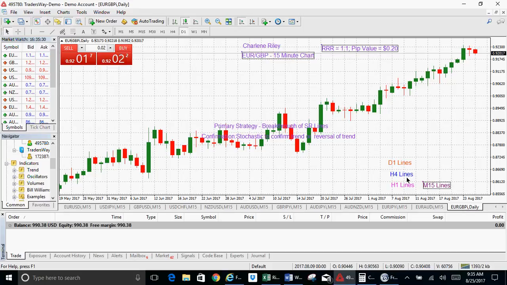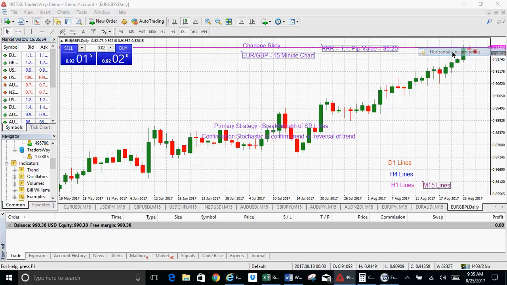The 4-hour chart lines are in blue. The 1-hour support and resistance lines are in magenta, and any lines that I plot on the 15-minute chart would be in purple.